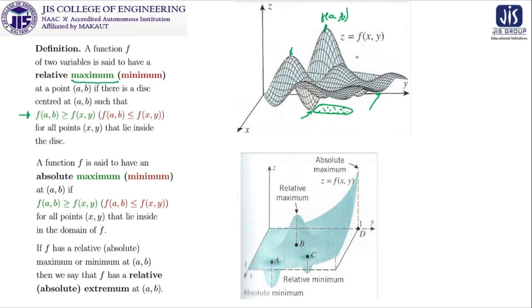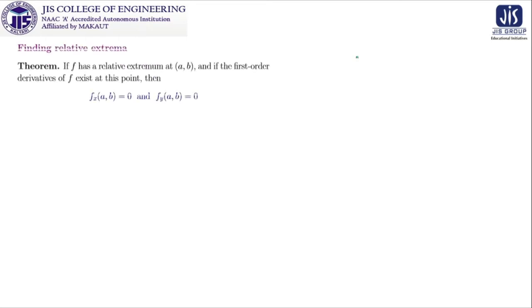Now for today's study, entering into the practice session, before that we just have the idea of finding relative extrema. This information was actually shared in the last class also, that if f has relative extrema, and the first order derivatives of f exist, then they will be 0.